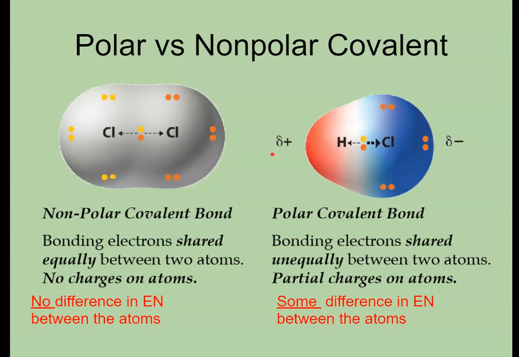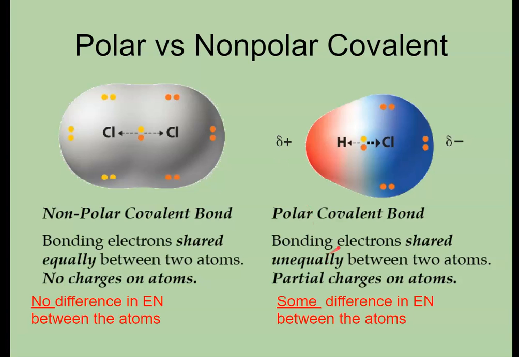Those are the poles on that molecule. There's a partially negative side and a partially positive side. That makes that molecule act a little bit like a magnet. It has one side and the other, and when we put a bunch of those polar covalently bonded molecules together, they actually want to stick together a little bit, like water, because of those different partial charges.